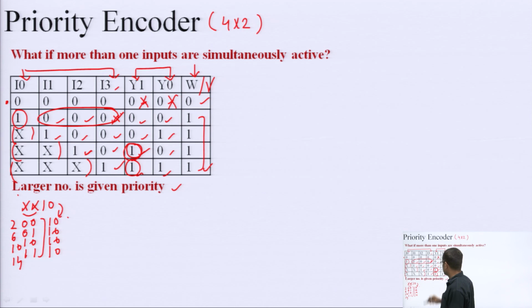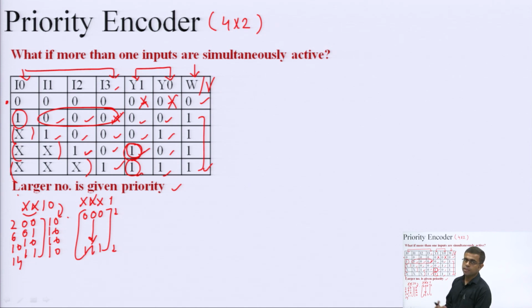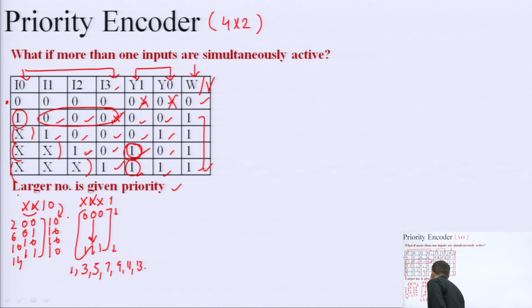Similarly, this one you can check that it is corresponding to triple cross 1. So, triple cross 1, that means these can have values 0 0 0 to 1 1 1 and 1 at the end of all the 8 cases. That means, these are the 8 odd cases, that means 1 3 5 7 9 11 13 and 15.